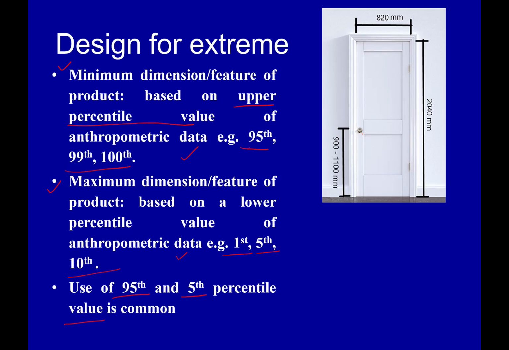Here you see the handle of the door, the door lock you can say, can be located at different heights depending upon the users. If it is in a public place, it has to be there in such a way that all users can use it, while if it is for a specific user, then it will be placed as per the anthropometric dimensions of the user.